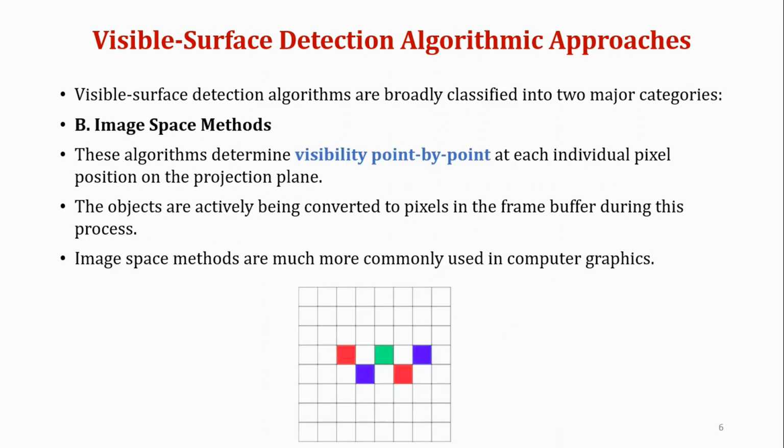Moving on to the second category, the image space method. These methods determine visibility at the pixel level, point by point. Instead of comparing entire objects, the algorithm examines each pixel. Pixel means picture element. The pixel position on the screen is taken into consideration to decide whether the object should appear or not.